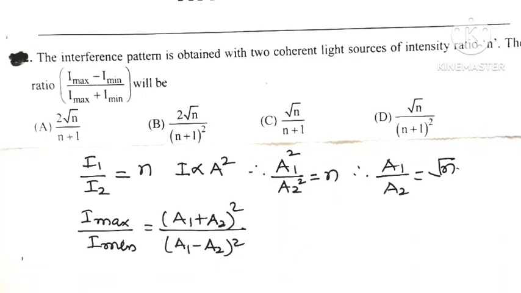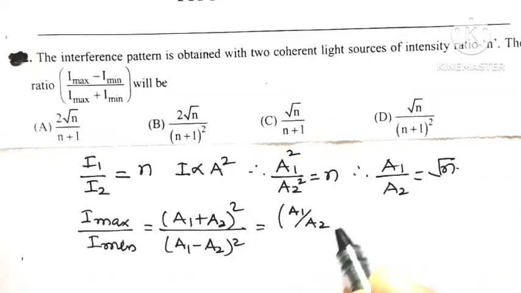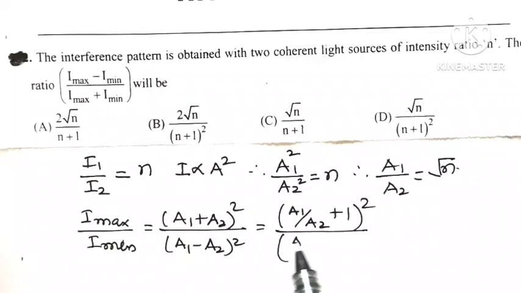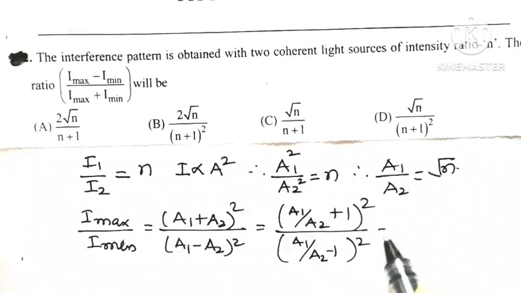Dividing numerator as well as denominator by A2, we get (A1 by A2 plus 1) whole square upon (A1 by A2 minus 1) whole square.